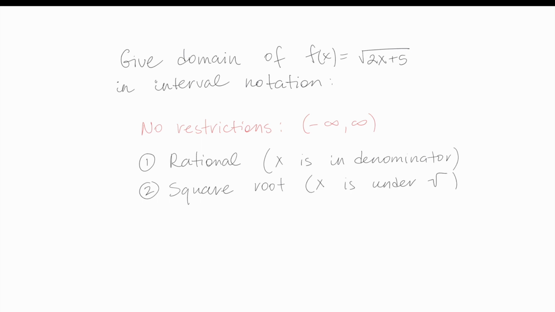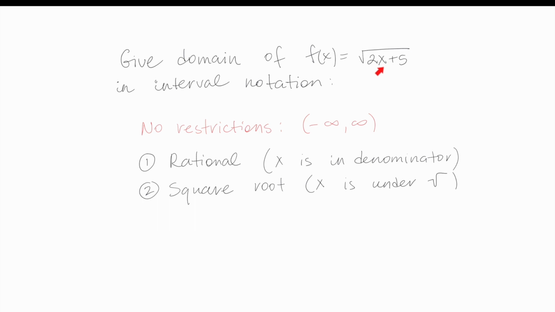If you're facing one of these two functions, either rational or square root, your domain will not be from negative infinity to infinity. Clearly, our function f of x contains a square root with an x under the square root, so there will be some restrictions on the x that is plugged into this function.